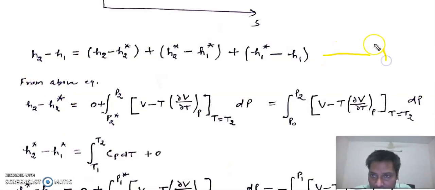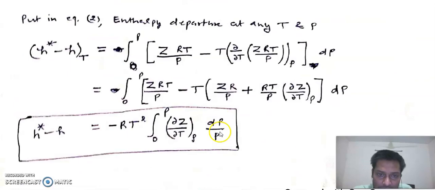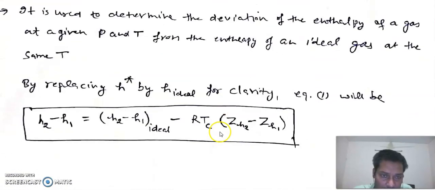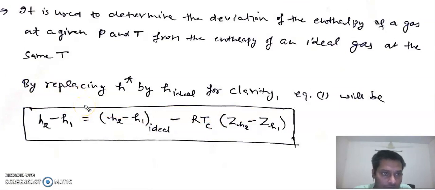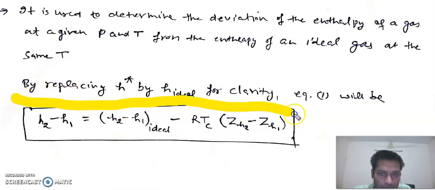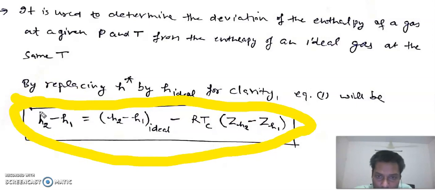So put equations 2 and 3 in equation 1, and finally we will get this expression. So in this manner we can calculate the departure of enthalpy for a real gas as compared to an ideal gas.